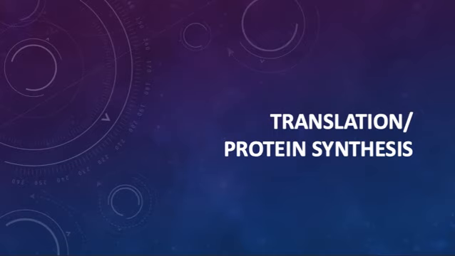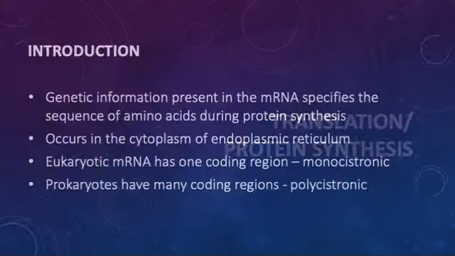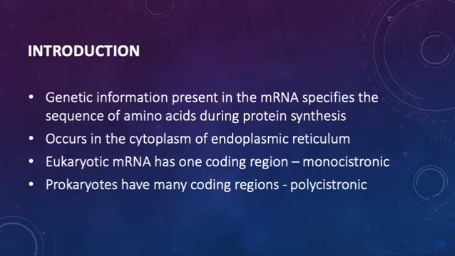Okay, so what do you understand by protein synthesis or translation? That is, the genetic information present in the mRNA specifies the sequence of amino acids during protein synthesis, and this process takes place in the cytoplasm on the endoplasmic reticulum.